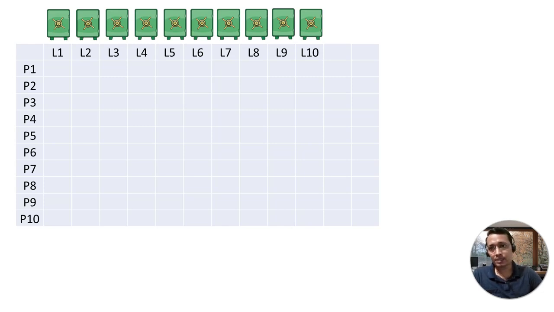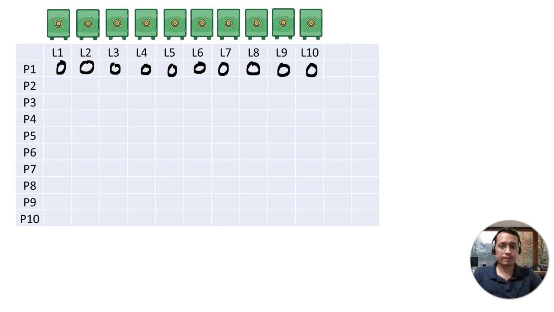When the first person comes, everything is closed, so the first person can touch every locker and will open all the lockers.